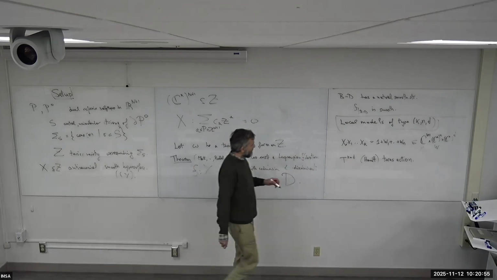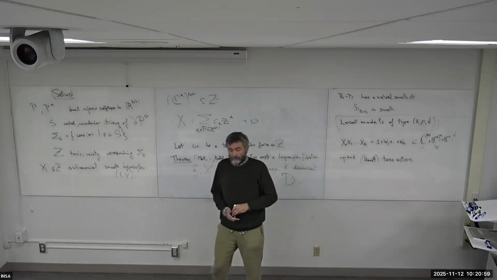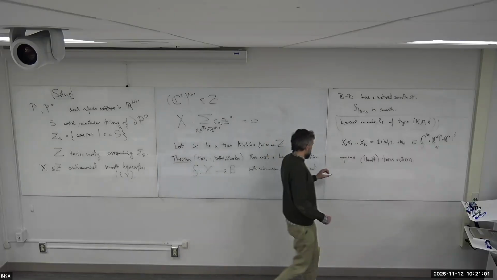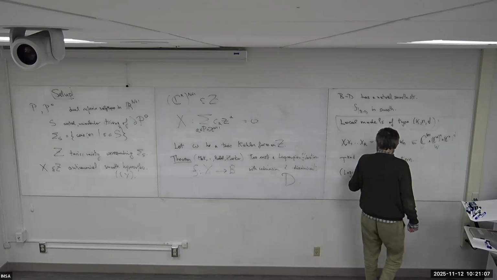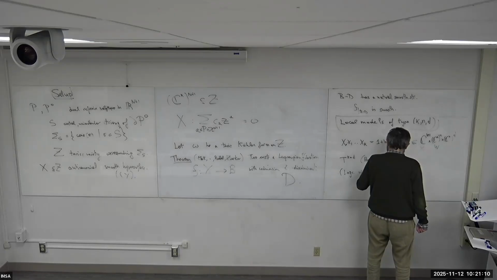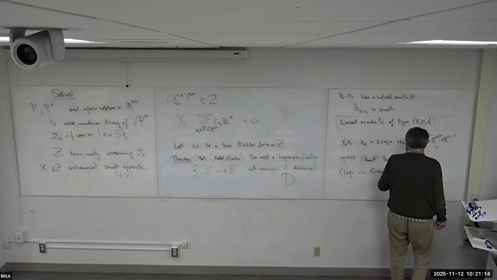What we now know how to do is construct a Lagrangian fibration on these local models, and it's via an Evans-Mauri type Liouville flow.